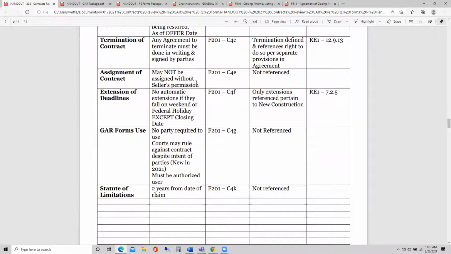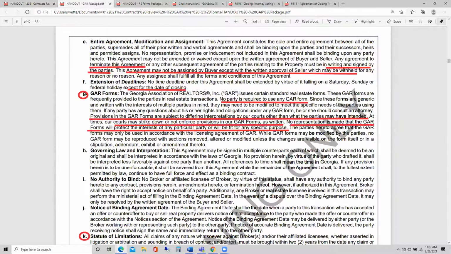Now, let's look at assignment of contract. In the GAR contract package, under this same paragraph, it specifically states this agreement may not be assigned by the buyer. In other words, that's a big strategy that a lot of buyers are using nowadays. They will go under contract with the seller. They have no intention of living in that property.